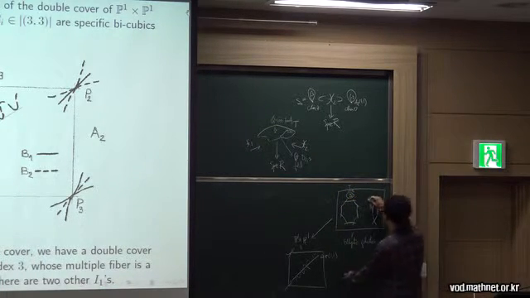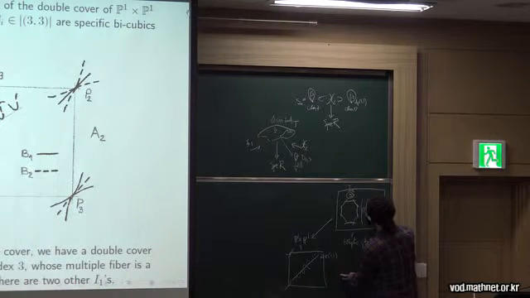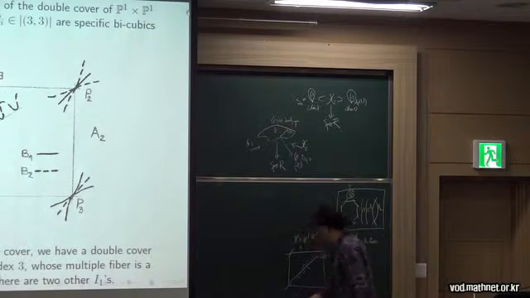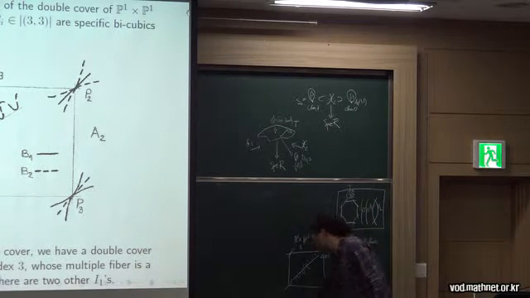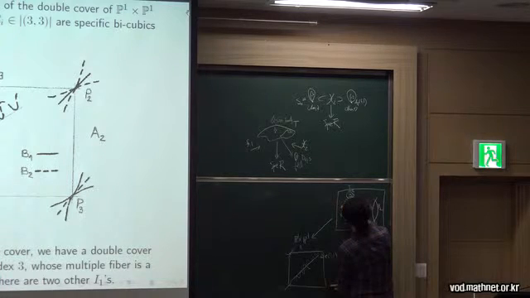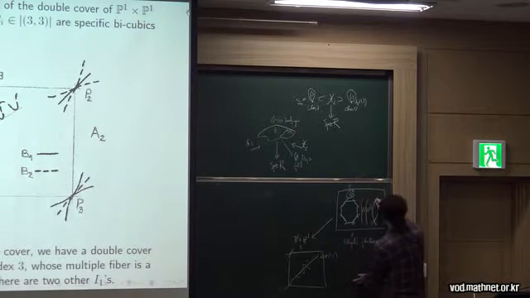And here there are 2 other fibers like that. And then if we look at the branching here, it's going to be like this. So say blue. So we have these, and these, and that.